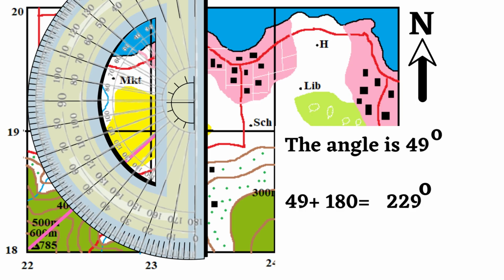So remember, the rule is that you start from the north and you go in a clockwise direction. And also bear in mind that values to the west will always be greater than 180, and that the angle along a line is 180. Okay?